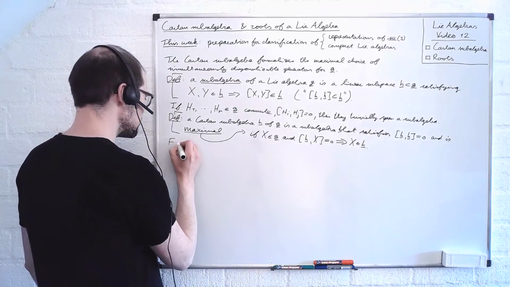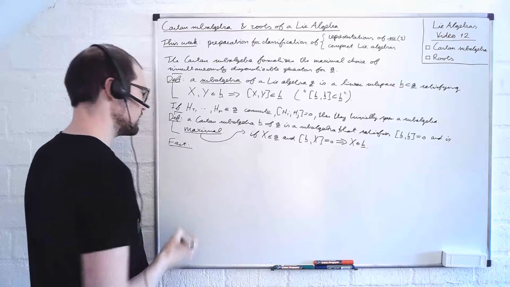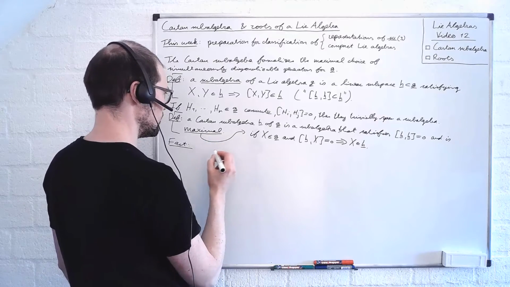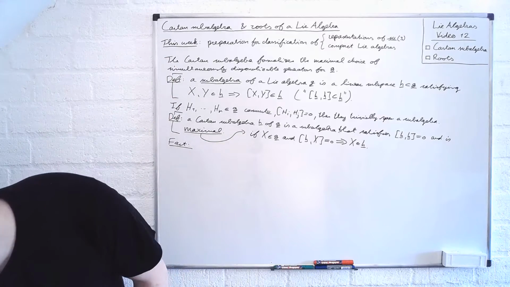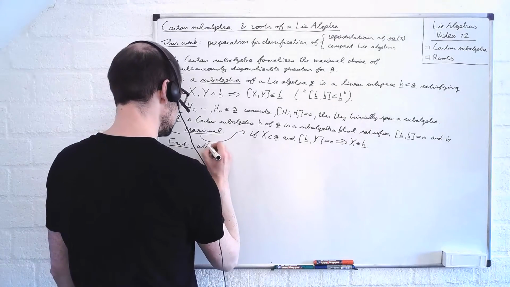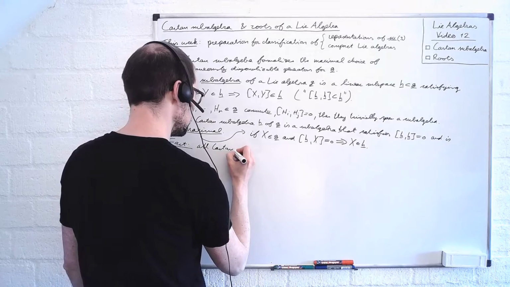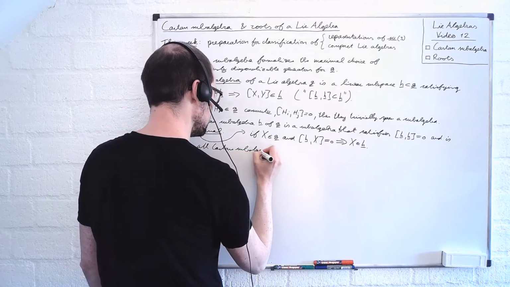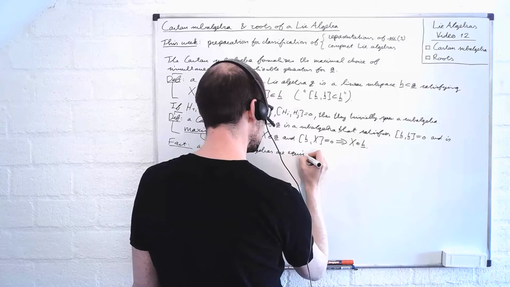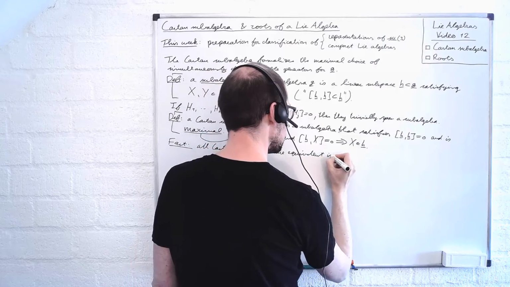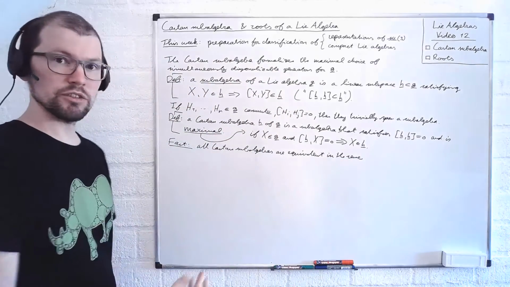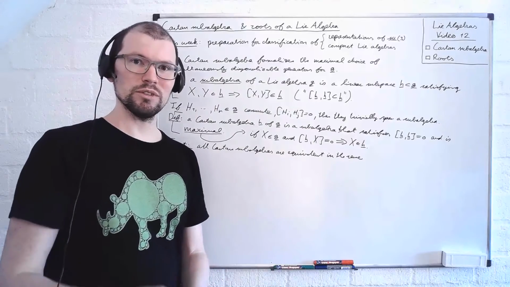Now, the fact is that any two Cartan subalgebras are actually equivalent to each other. So all Cartan subalgebras are equivalent, in the sense that one can do a basis transformation that maps one to the other.